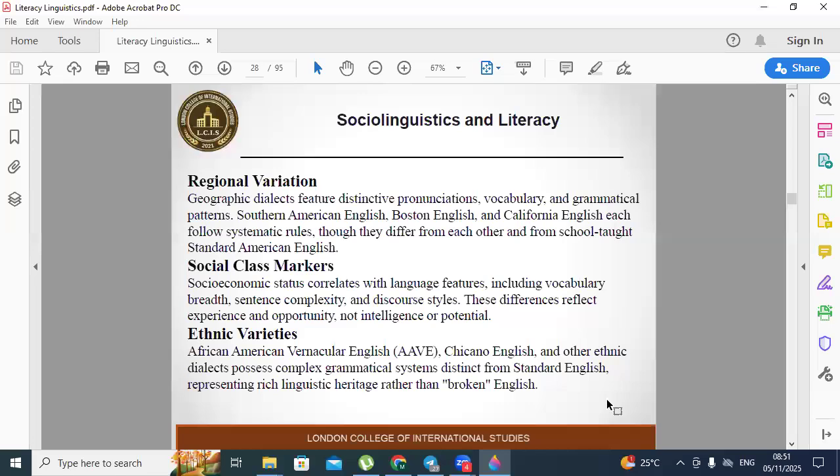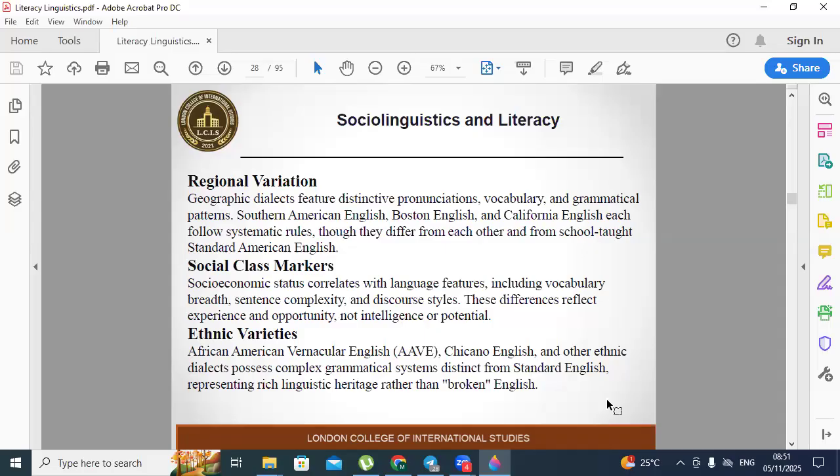Ethnic varieties include African American vernacular English, Chicano English, and other ethnic dialects that possess complex grammatical systems distinct from standard English. These represent rich linguistic heritage rather than broken English, a characterization that is both linguistically inaccurate and deeply harmful.